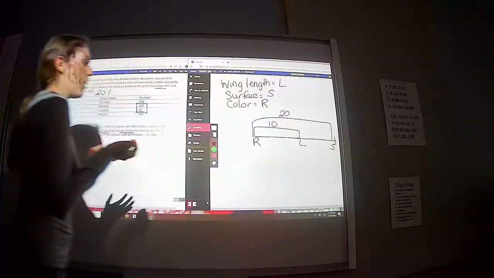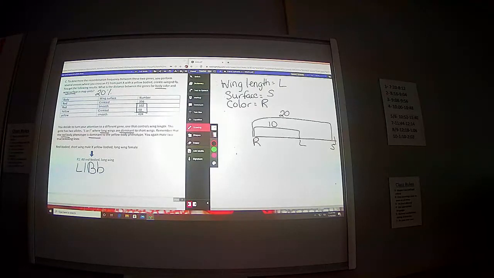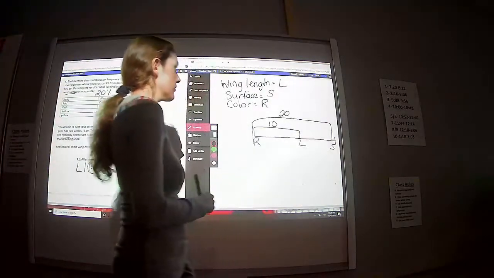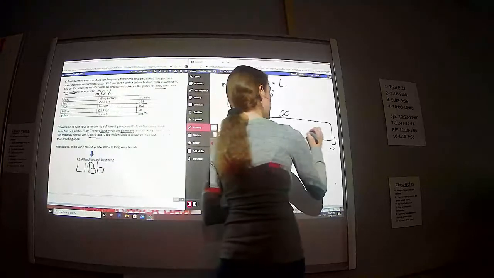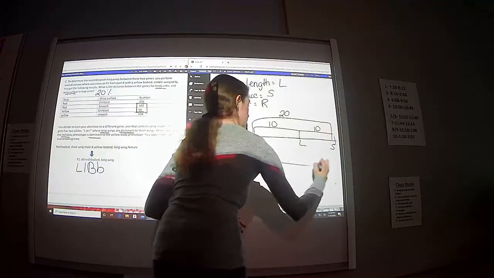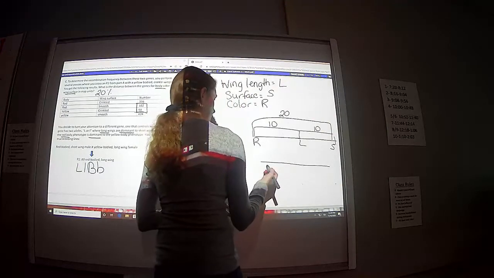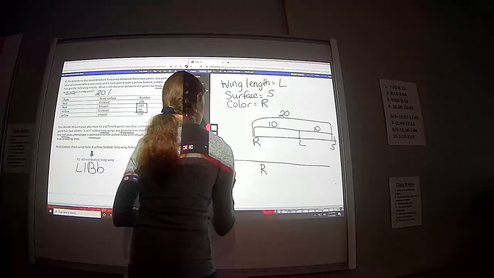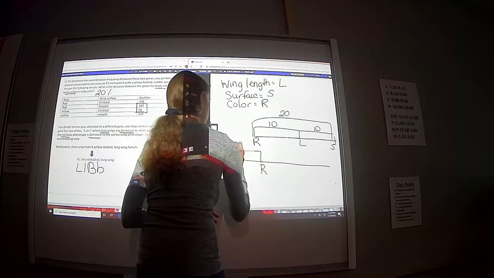So that could be one potential correct answer. Or we don't know if the wing length is actually that close to surface, because right now we're saying that it's only 10 away. So our other option would be to put the R here, S over here, and say that this length is 20.